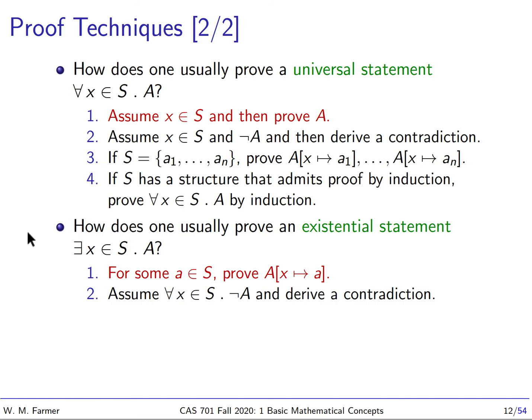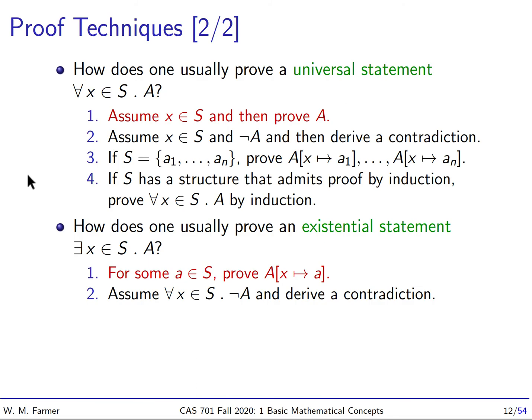Now in some cases S might be finite, and in that case what we can do is instantiate A with each of the members of S. So we get a finite number of statements, and we prove each of these individually. This obviously doesn't work, though, if S is infinite, like if S is a set of natural numbers.